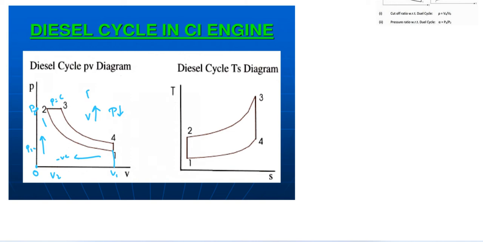P is inversely proportional to V, so PV equals constant, and with gamma, PV^gamma equals constant.